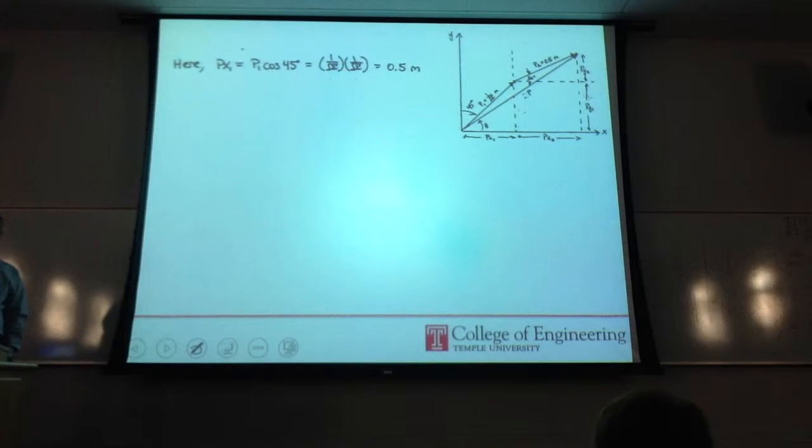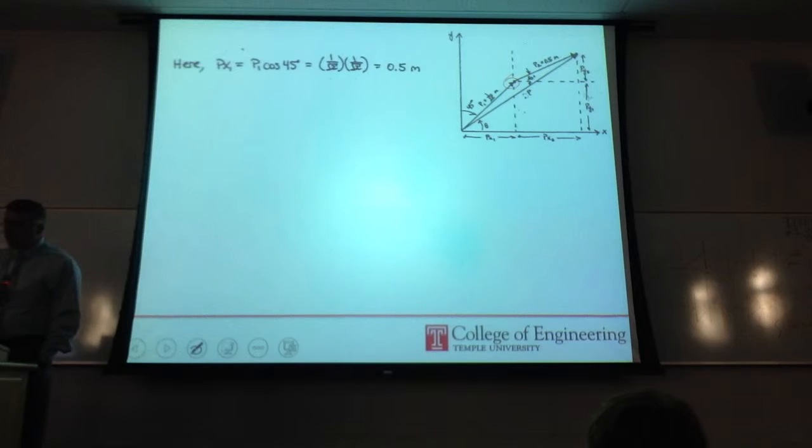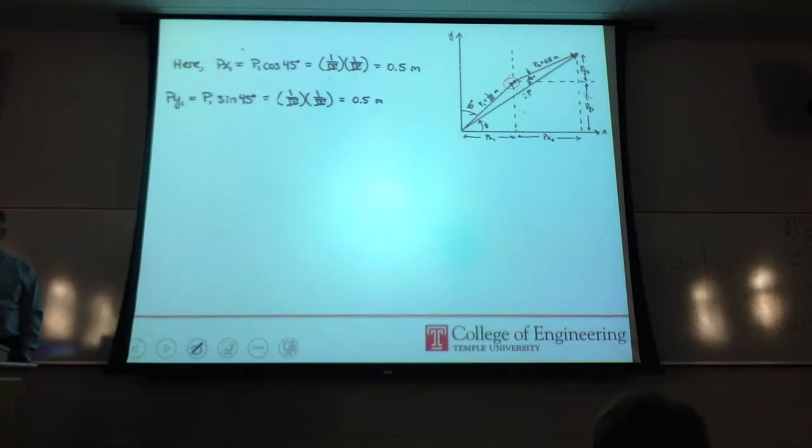The x coordinate of point 1, and this is point 1. How do I find the x coordinate of point 1? Yes? P1 cosine of 45 degrees. Absolutely correct. There you are. And the same thing goes with py1. Do you agree with that?